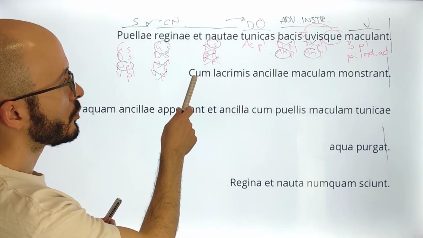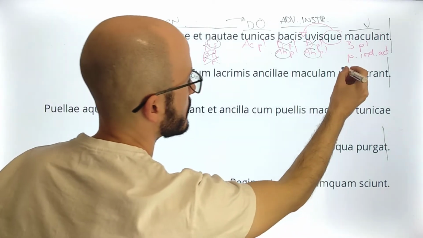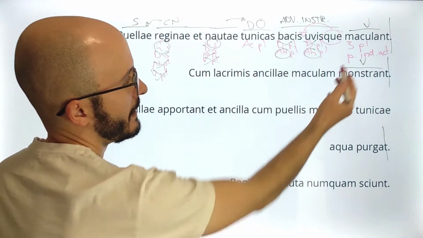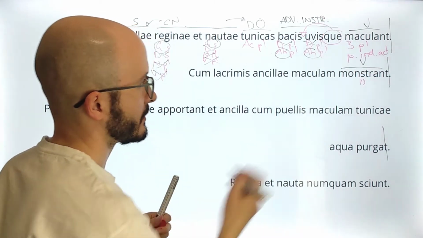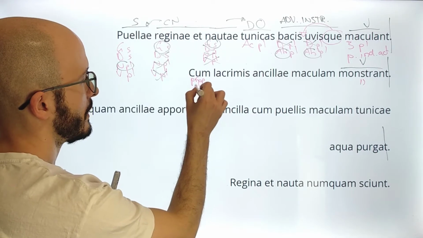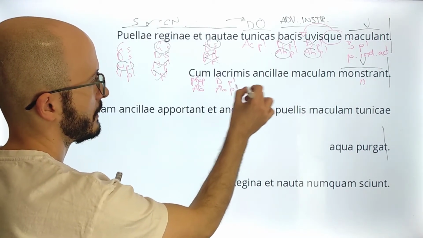Then we continue. Cum lacrimis ancillae maculam monstrant. So here we have the verb, and the analysis is the same, so we are not going to do it again. Cum, we already know that is preposition ablative. Here is dative ablative plural.